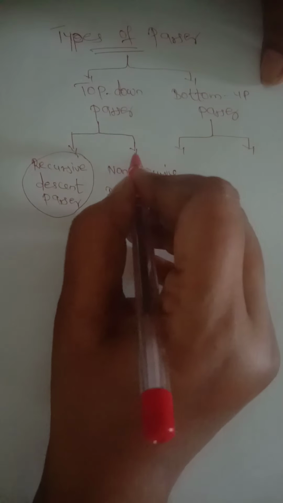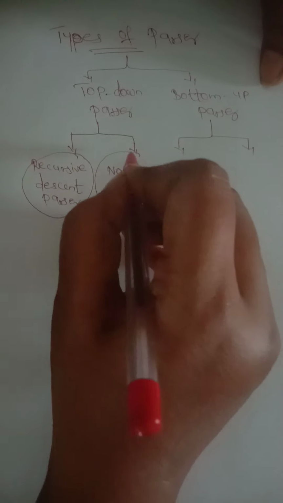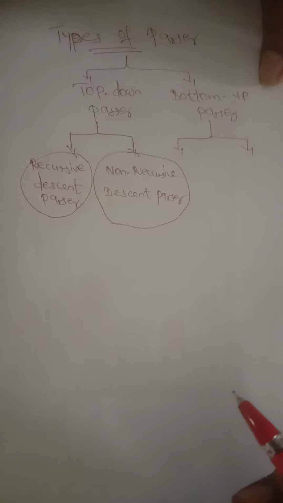Then if you have only one way to check whether the program is correct or wrong, that is called a non-recursive descendant parser.